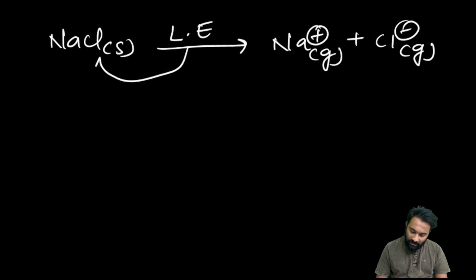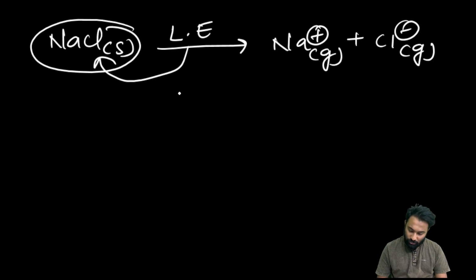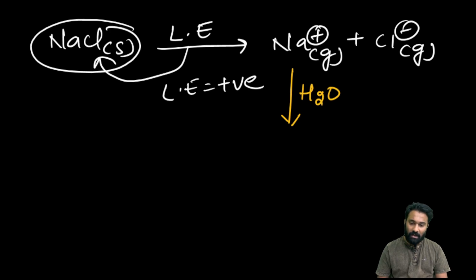We are giving the energy to convert this NaCl solid into its constituent ions, so here the lattice energy is positive. Done. Now after converting into Na plus gas and Cl minus gas, this Na plus will be occupied by H2O, because it is a charged species and H2O is a polar compound.